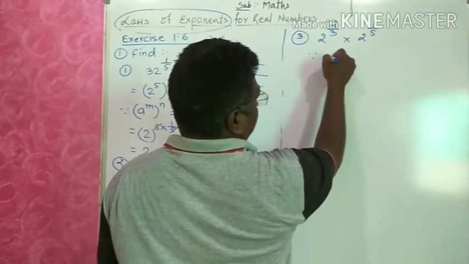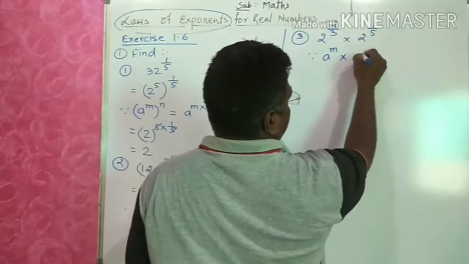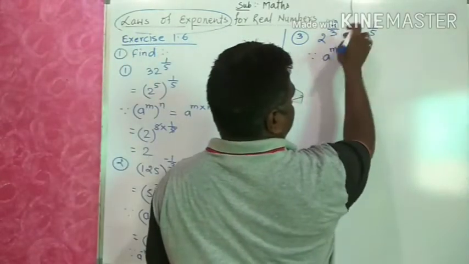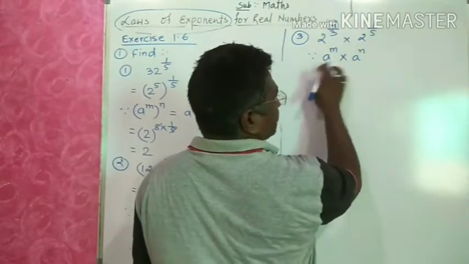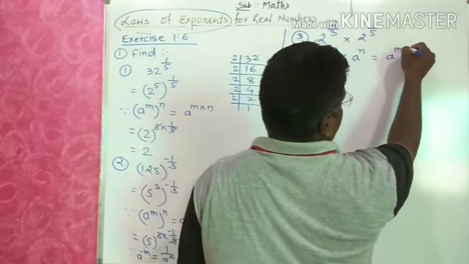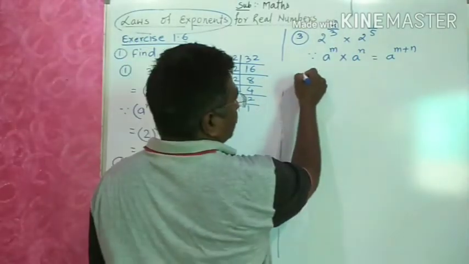Which law? Base is same, means a raised to the power m into a raised to the power n. Powers are different, bases are same. What will we get? A raised to the power m plus n. The same law has to be used here.